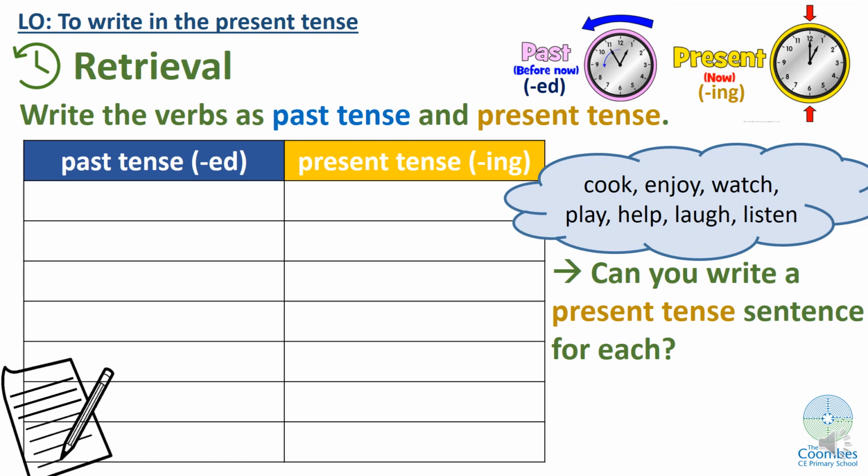So our first word is cook. I'm going to copy down cook. And if it's in the past tense, yesterday I cooked. You need the ed suffix. Yesterday I cooked a delicious dinner. Now I need to write the same verb but in the present tense.